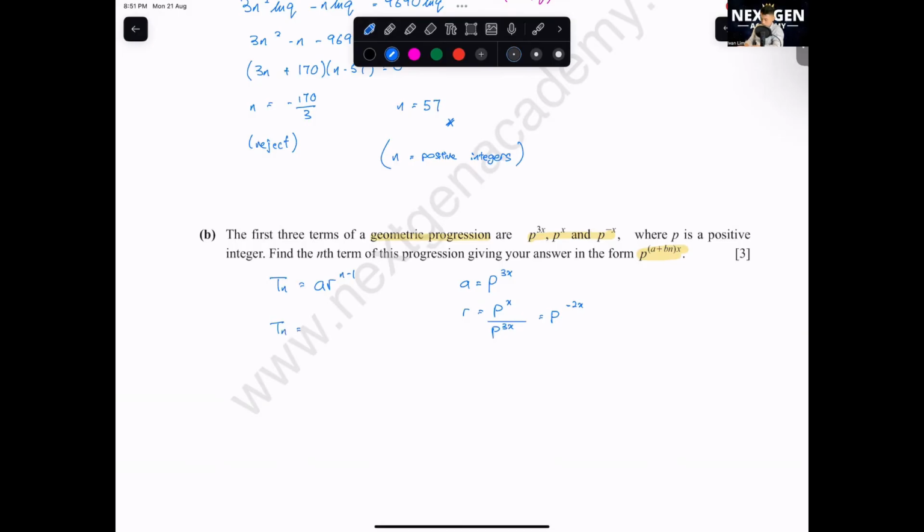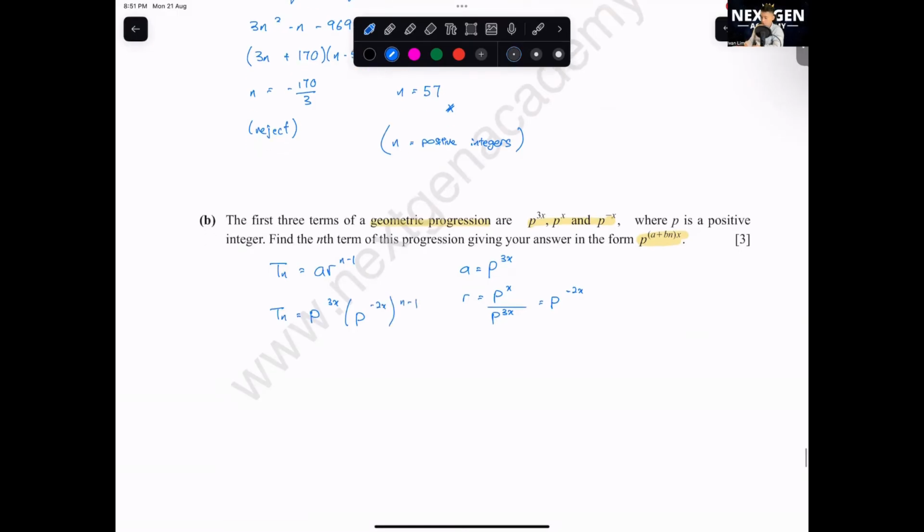Your nth term is p to the power of 3x, bracket, p to the power of negative 2x n minus 1. Okay, be careful when you simplify this one, it's not very hard. So p to the power of 3x. The bracket here you will get is p to the power of negative 2nx plus 2x.